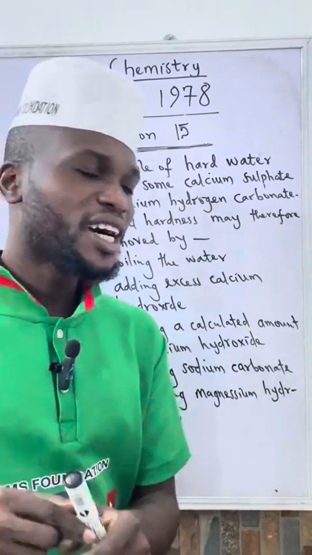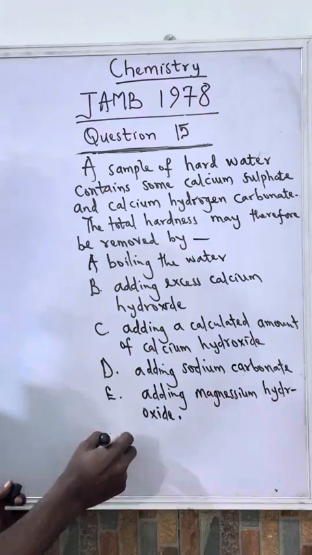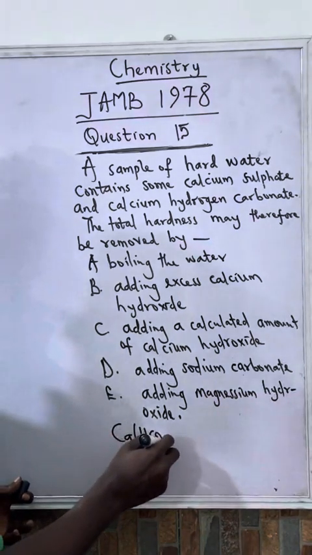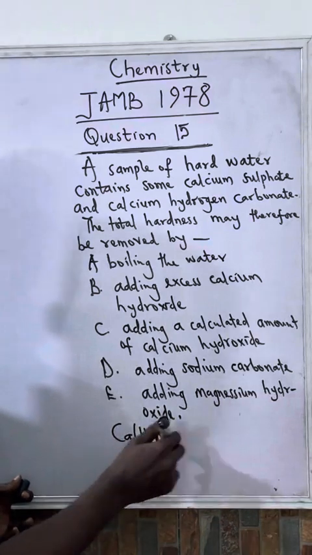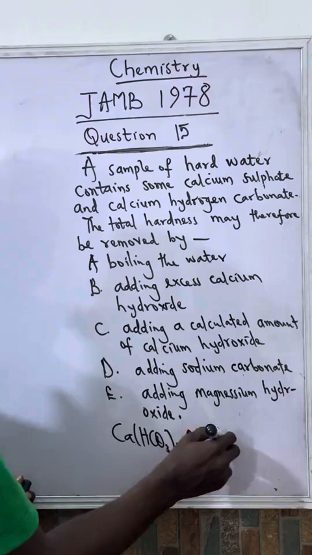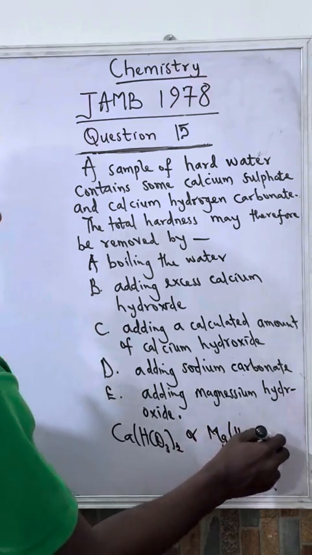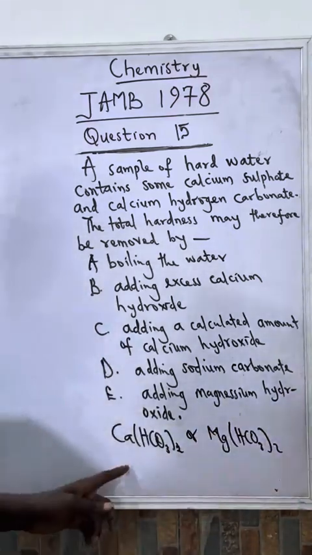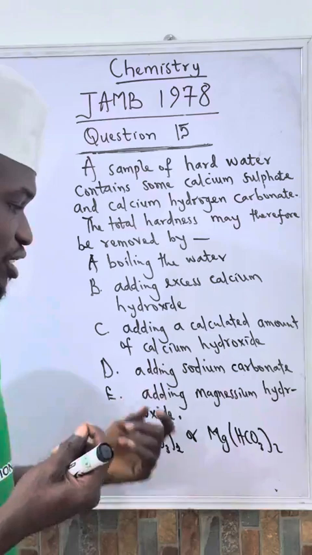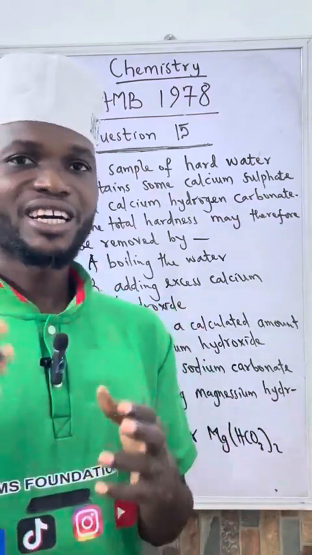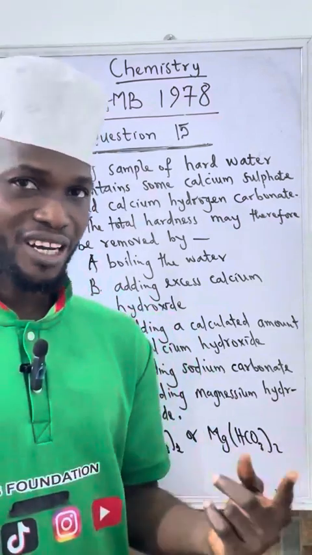For temporary hardness, when there is presence of calcium hydrogen trioxocarbonate 4 or magnesium hydrogen trioxocarbonate 4, any of these two compounds, when they are present in a water sample, then that water will be hard, and that kind of hardness is temporary hardness.